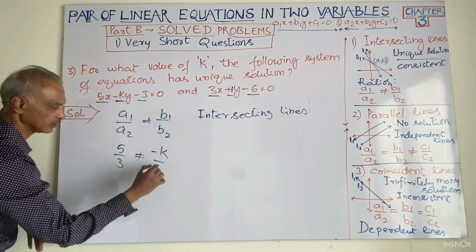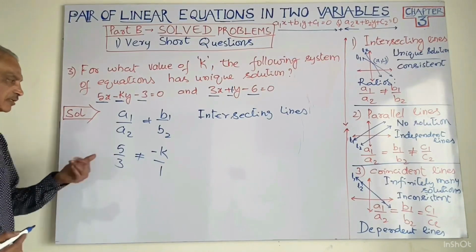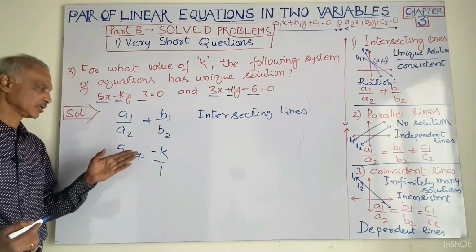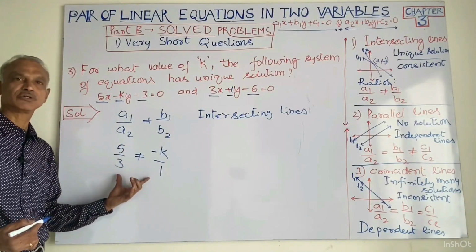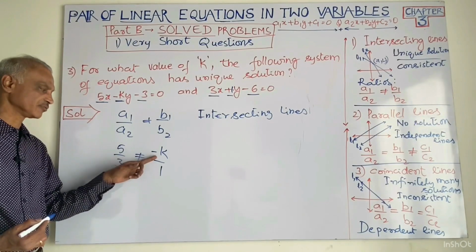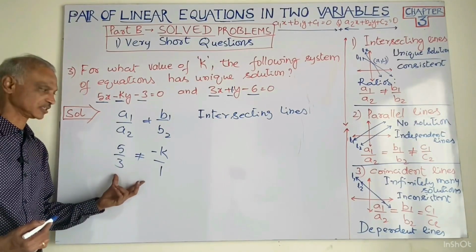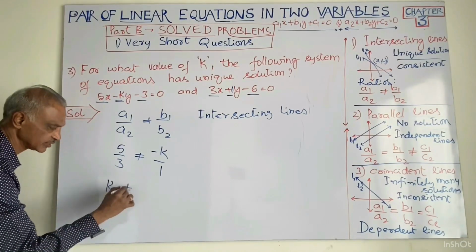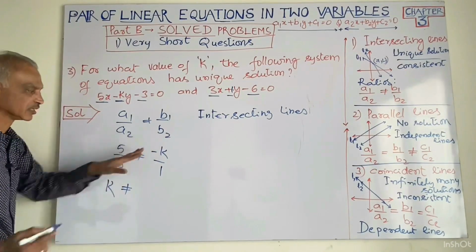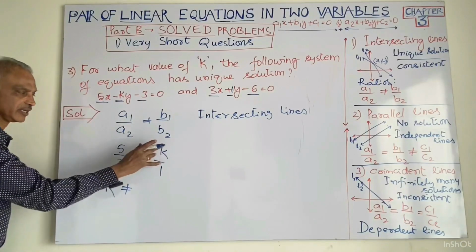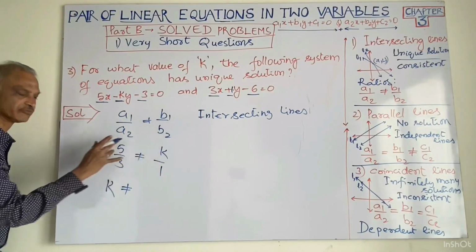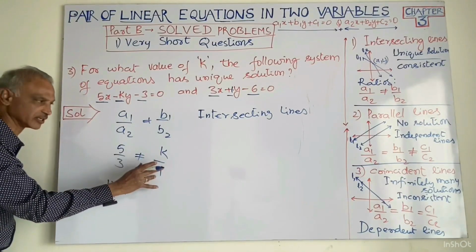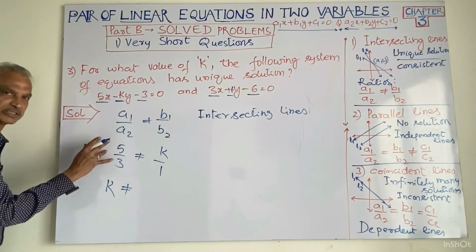What is B2 there? Only 1. These two are not equal to each other. For what value of k are these not equal? If k were 5 by 3, it would be equal, since you have 1 here.